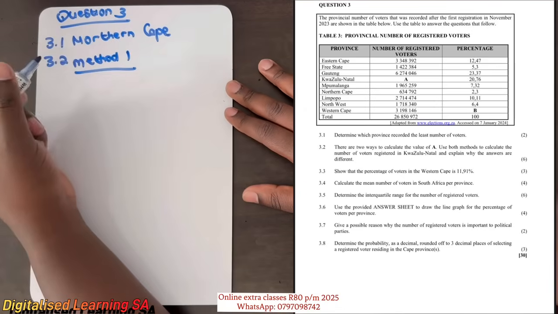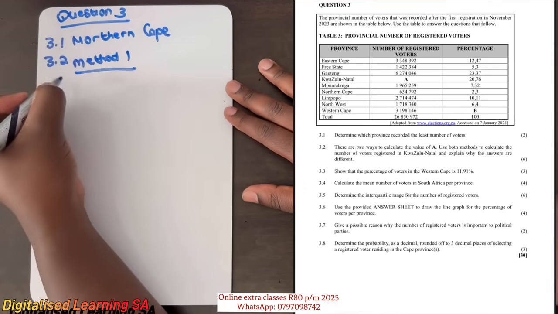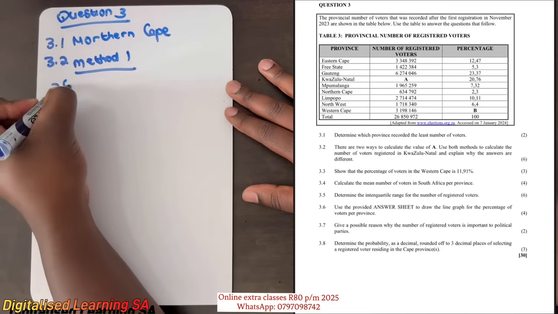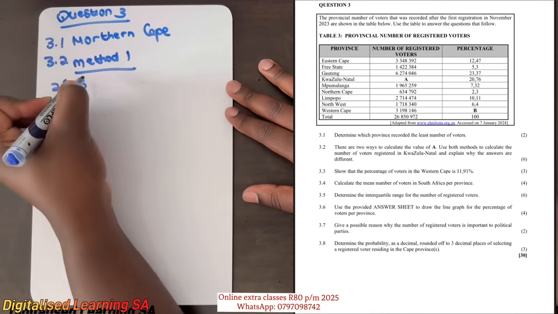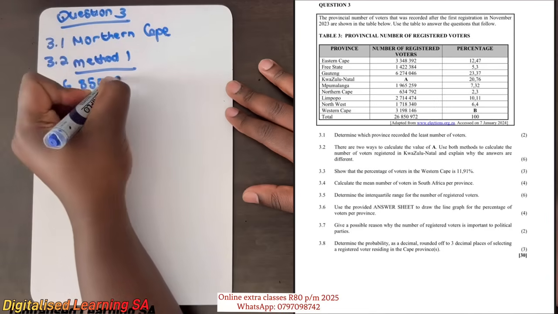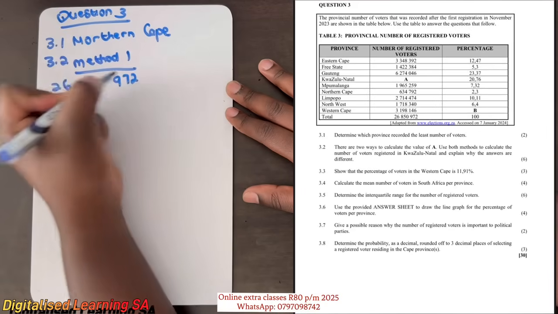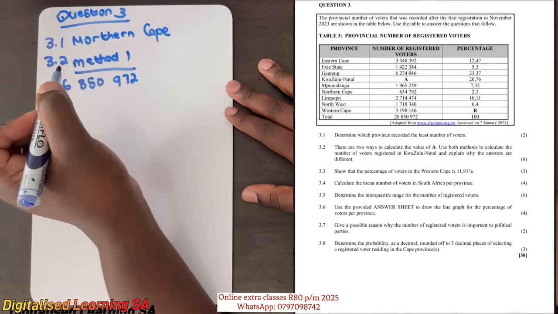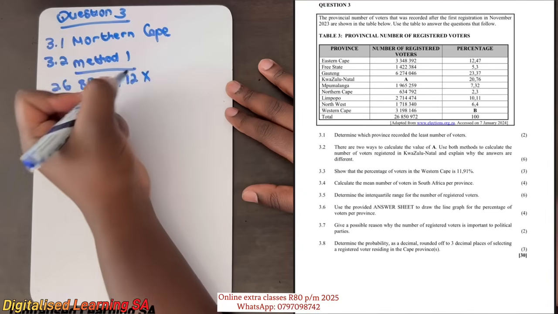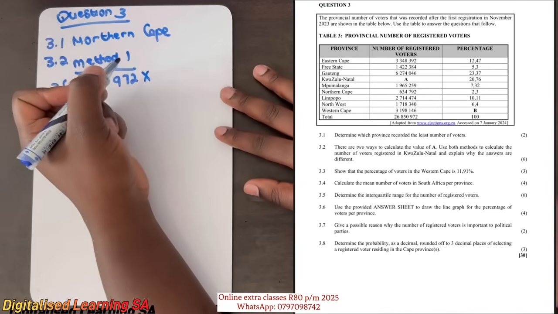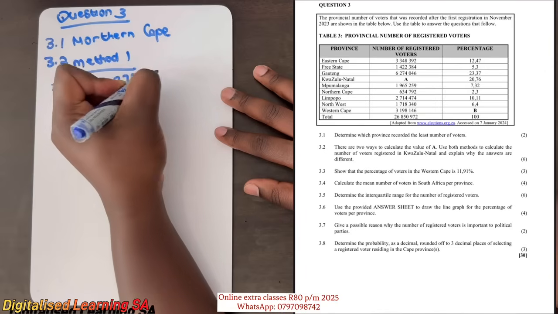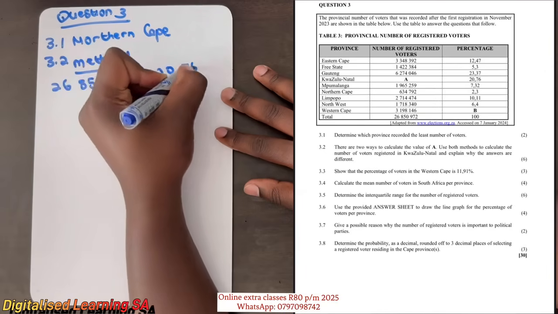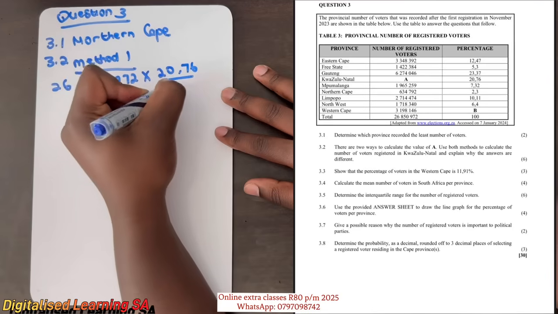So method 1, we take the total. Remember, we are given the total. So if you look at the table, you will see that our total is 26,859.72. So we are also given the percentage of KwaZulu-Natal, which is 20.76. So to get the value of A, we can use the percentage. So we can just multiply by 20.76 divided by 100.